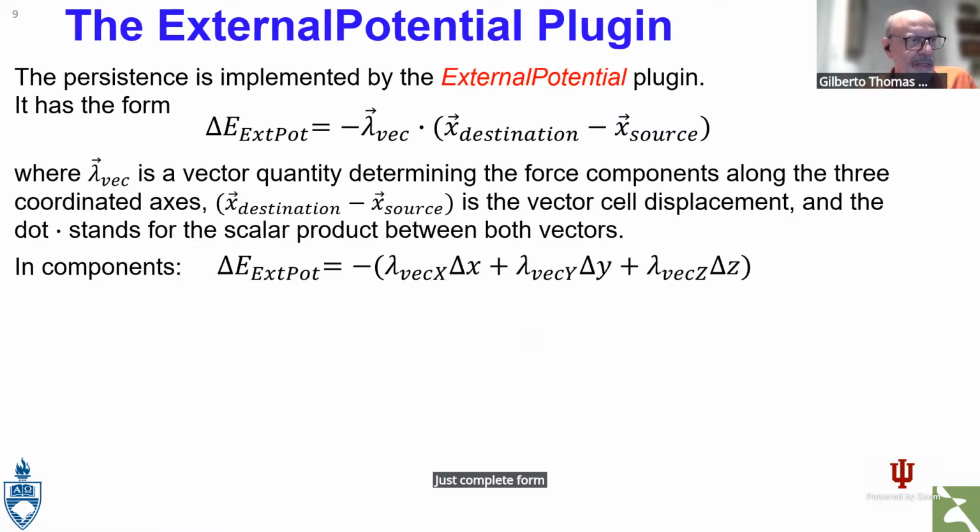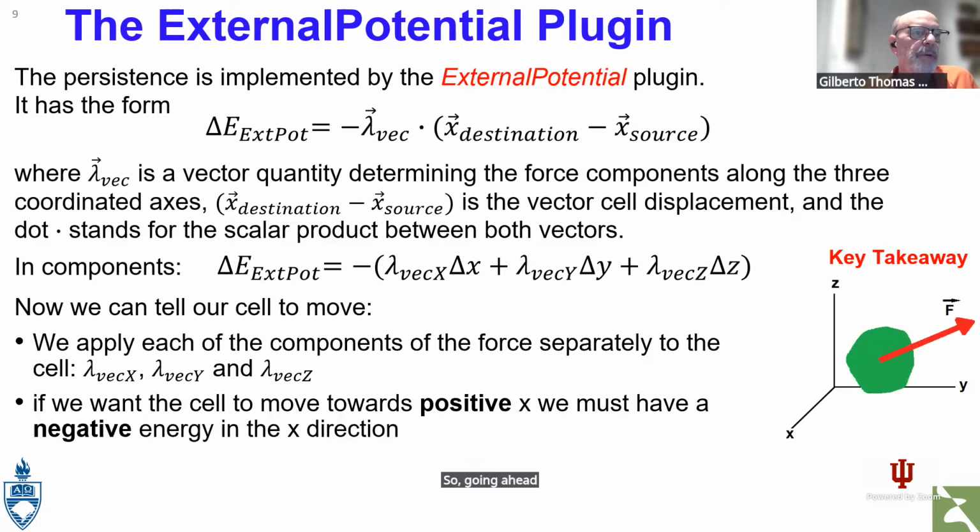So going ahead, we can now say that if you apply a force, for example, on this green cell here, in this position, the cell will move according to the external potential plugin implemented through this variation of energy.